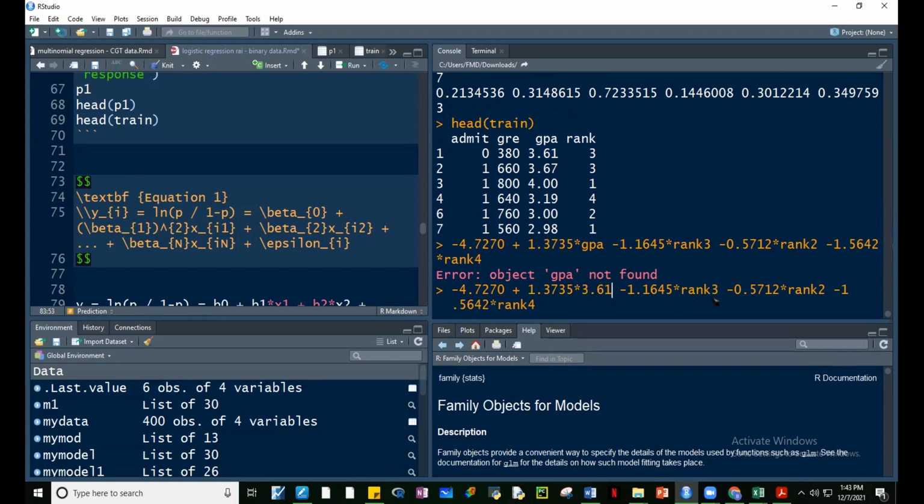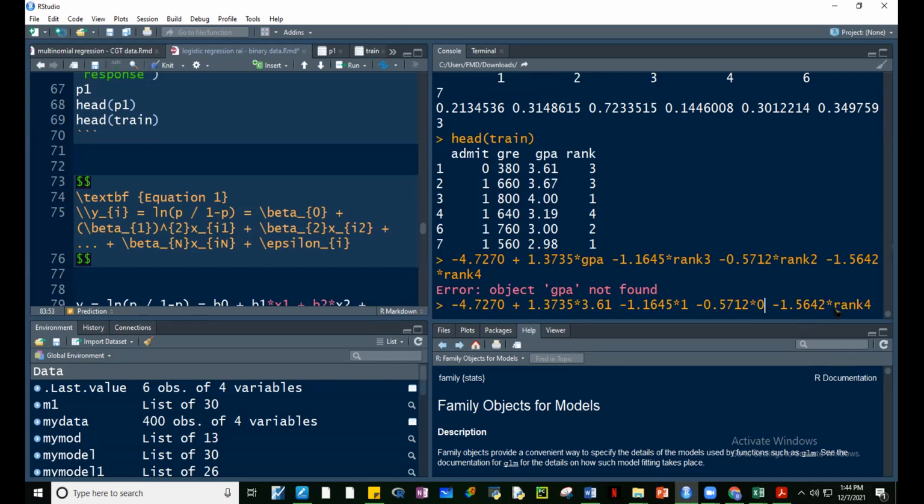Si rank 3 siya, di ba? So dapat, since this is rank 3, then we will replace this by 1. Kasi rank 3 siya, so tama ito. Papasok tong slope na to. But for rank 2, isi-zero out natin to kasi hindi naman siya rank 2. Si rank number 4, isi-zero out din natin siya kasi hindi siya rank 4.